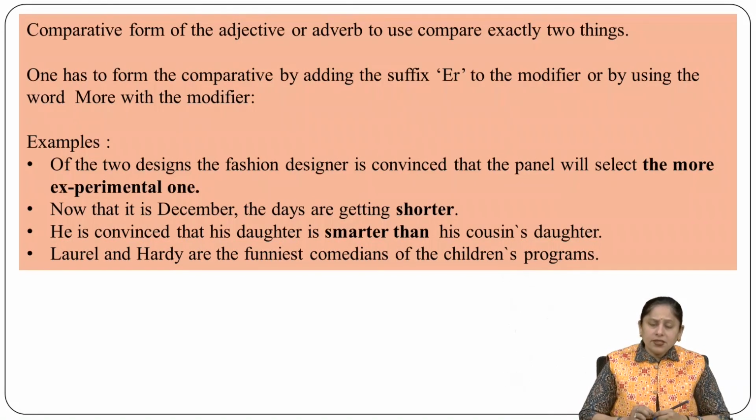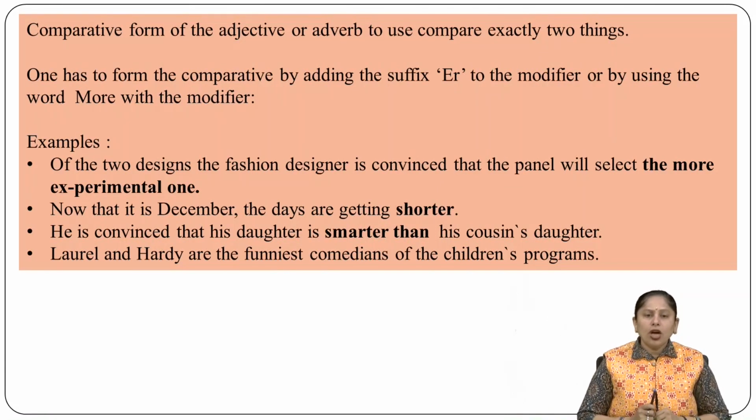He is convinced that his daughter is smarter than his cousin's daughter. So here again there is a comparison between the two, but the comparison itself talks about the adjectival modifier smarter than. The last one we can see, Laurel and Hardy are the funniest comedians of the children's program.